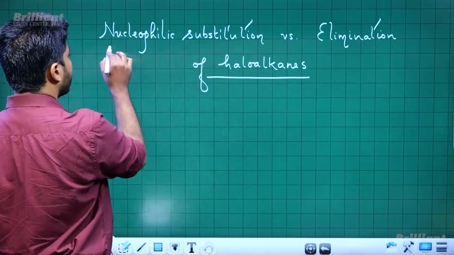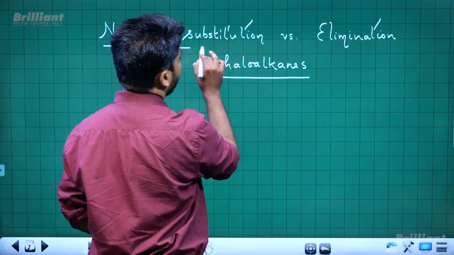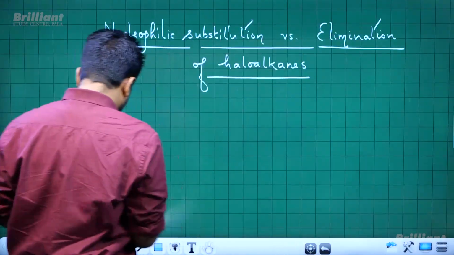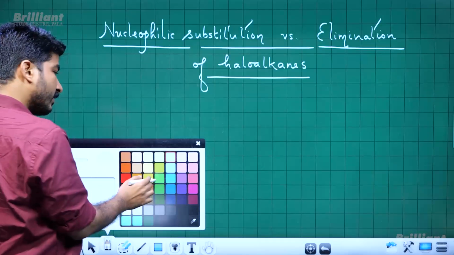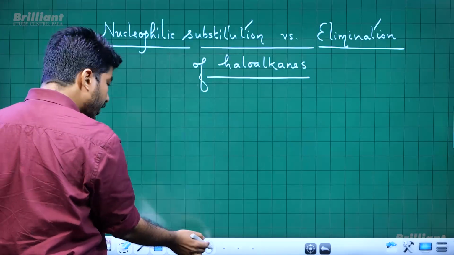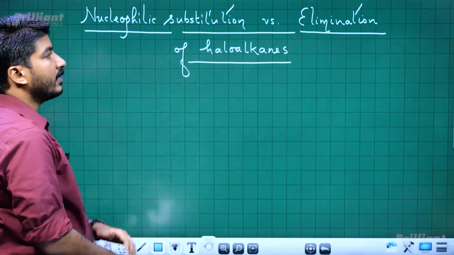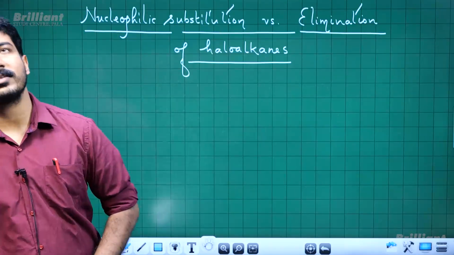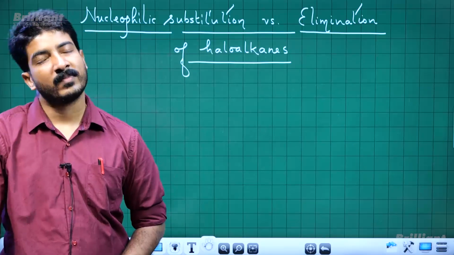At times it is a bit confusing section also. We have to think about a lot of factors while dealing with this section, and every time there is a competition between SN and E reactions for haloalkanes. That is the complexity of this section.